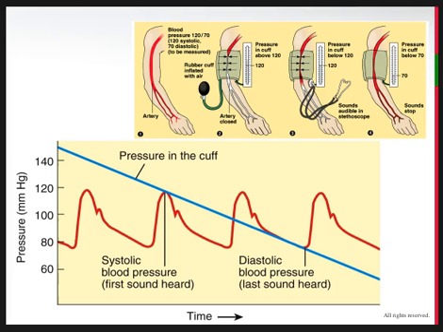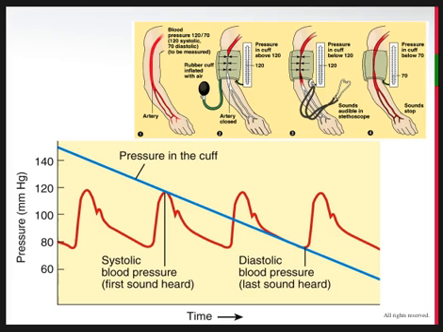When it does that, you're going to start to hear the sounds with the stethoscope. That's the first number you're going to take. Okay? That's your systolic number. And you're going to continue to slowly release the pressure on that cuff until you no longer hear the sounds, until that vessel is fully opened up again.